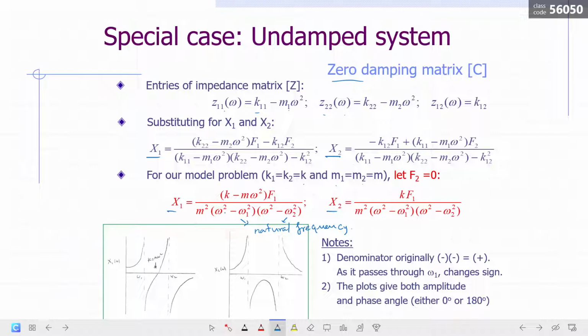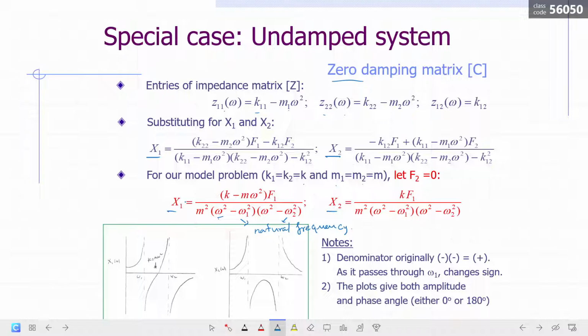And you can see that if the frequency of the input force approaches the natural frequency, then the amplitude increases, right?